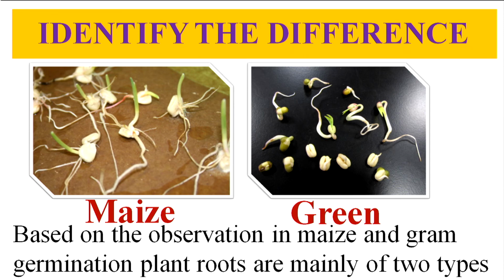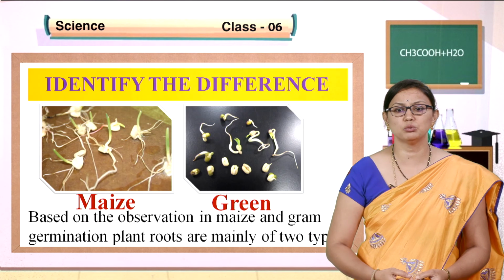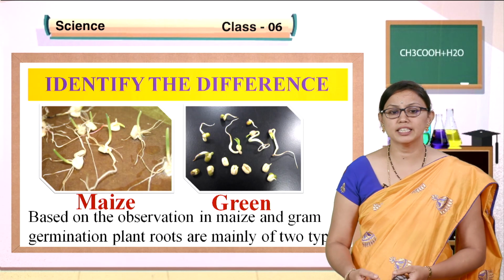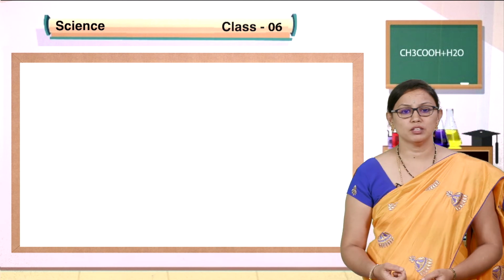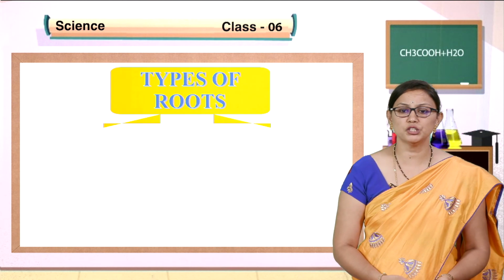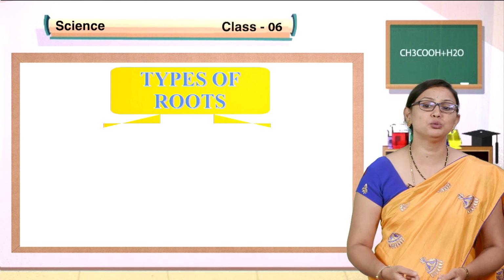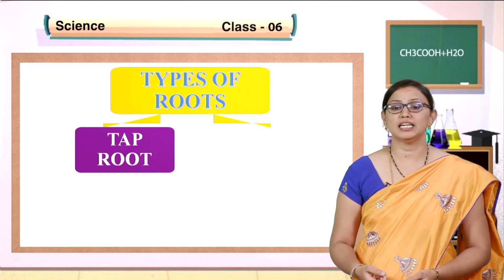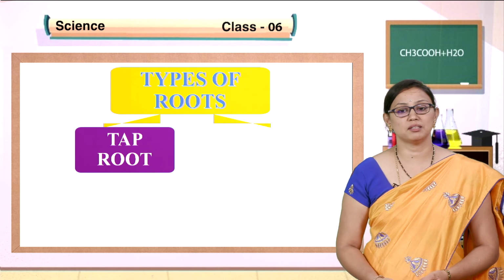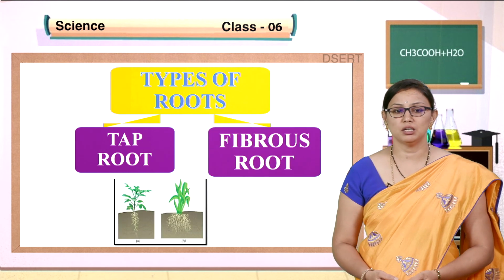Can you see how the roots arise in the maize germination and in the green gram? So we have two types of roots, called the taproot system as well as the fibrous root system.